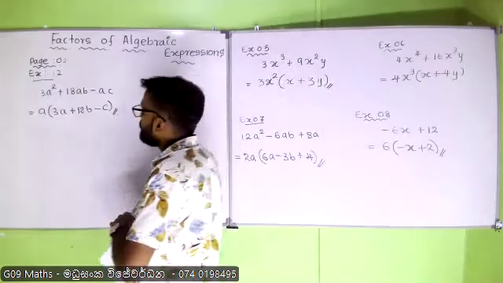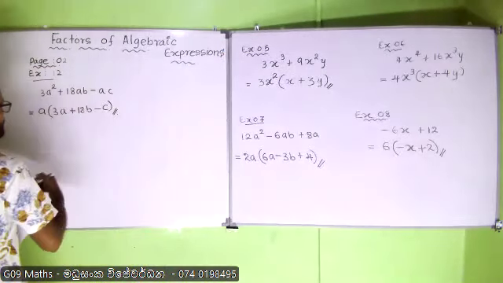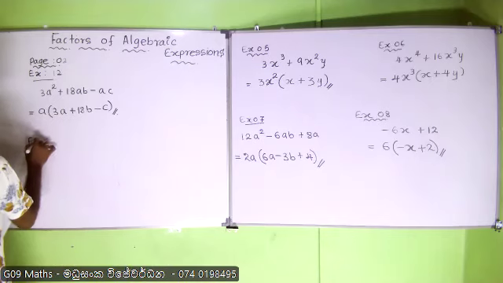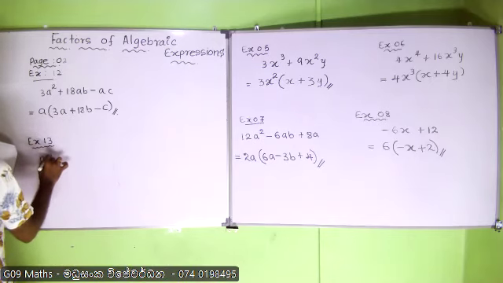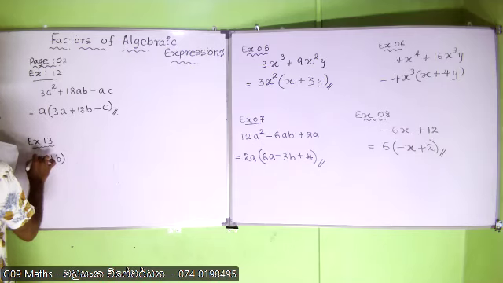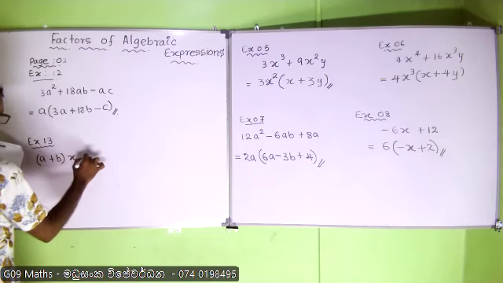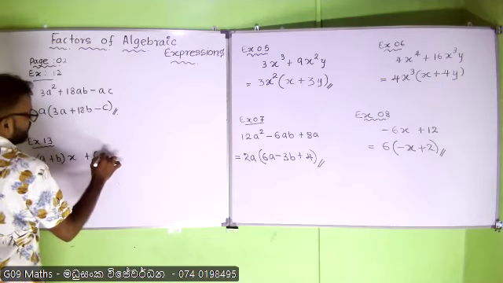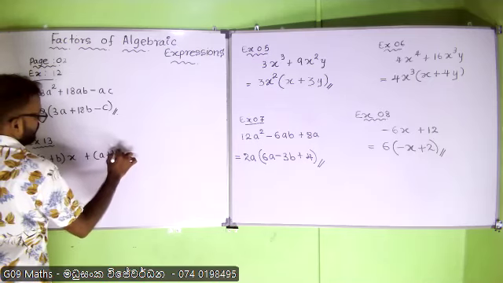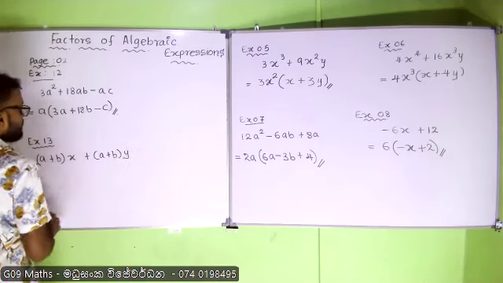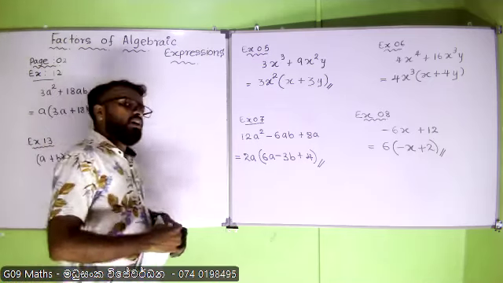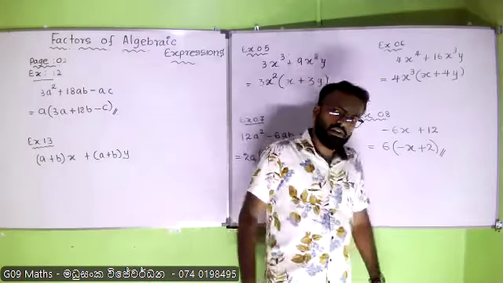Okay, so I will do example number 13. A plus B times x plus A plus B times y. So now what is this method?